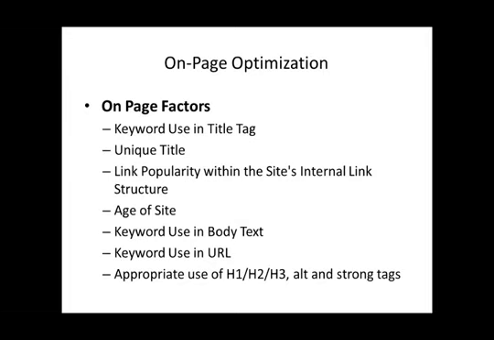For example, mywebsite.com slash education, or something else. No usage of question marks or any special characters. Appropriate use of H1, H2 and all the HTML tags, which we'll be discussing later in the presentation.